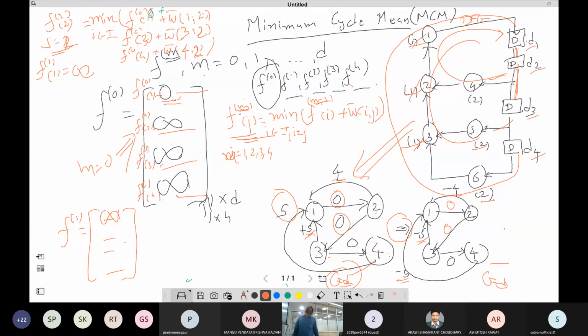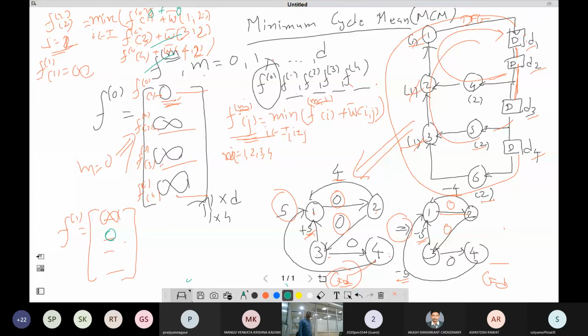Okay, so f of 0, 1 is 0 plus w bar 1 2. When I say bar, it means the value is in the GD bar. So 1 to 2, the value is 0. So 0 plus 0 is also 0. So the first value is 0. f of 0, 3 and f of 0, 4 are infinite, so this is considered as infinite only. So here the second element is 0.